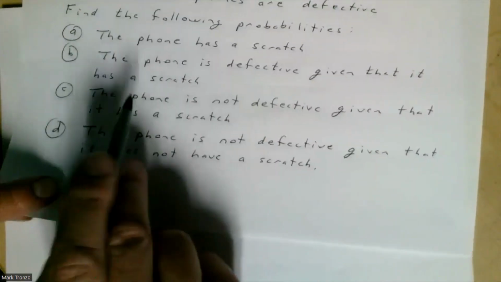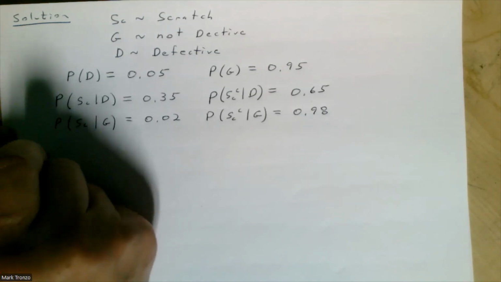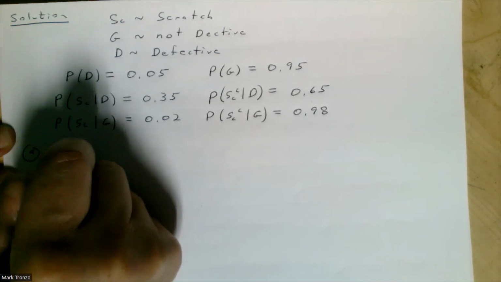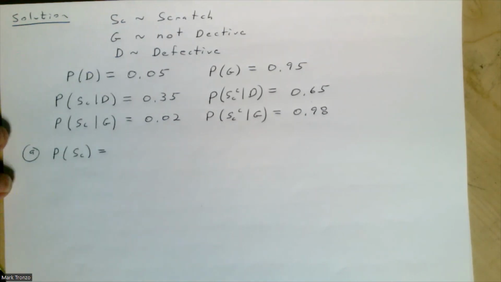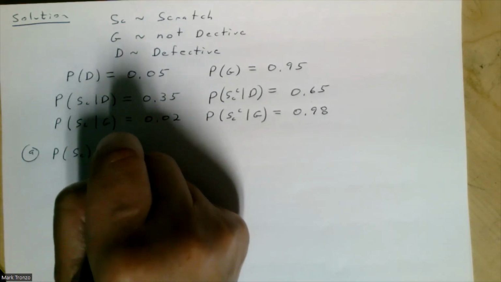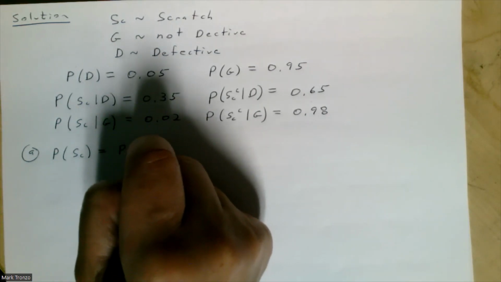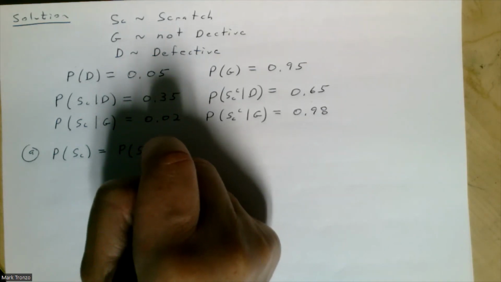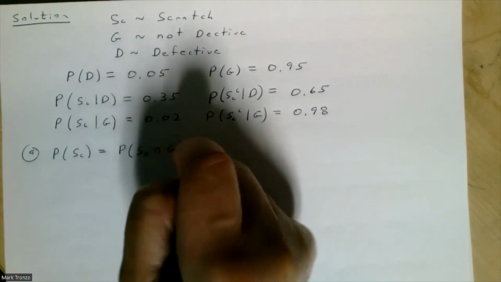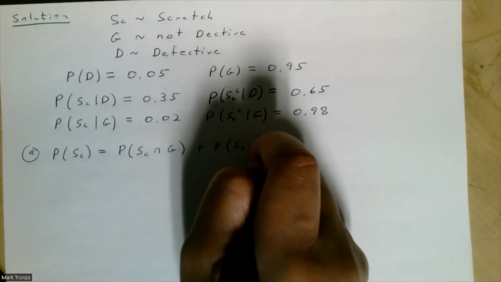So now we want to find the probability that the phone has a scratch. Part A, probability that it has a scratch, is going to be the probability of the scratch intersect with the good phones plus the probability of the scratch intersect with the defective phones.